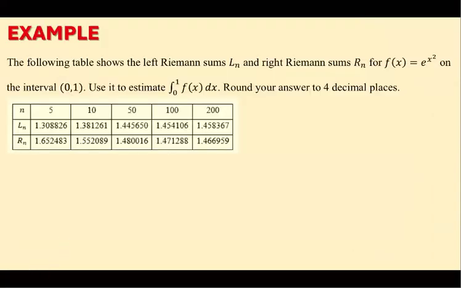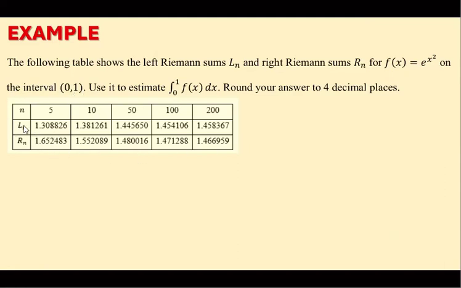So here is our first example. The following table shows the left Riemann sum denoted by L sub n and right Riemann sum denoted by R sub n for the function f of x equal to e to the power x squared on the interval 0 through 1. So these values are given here.